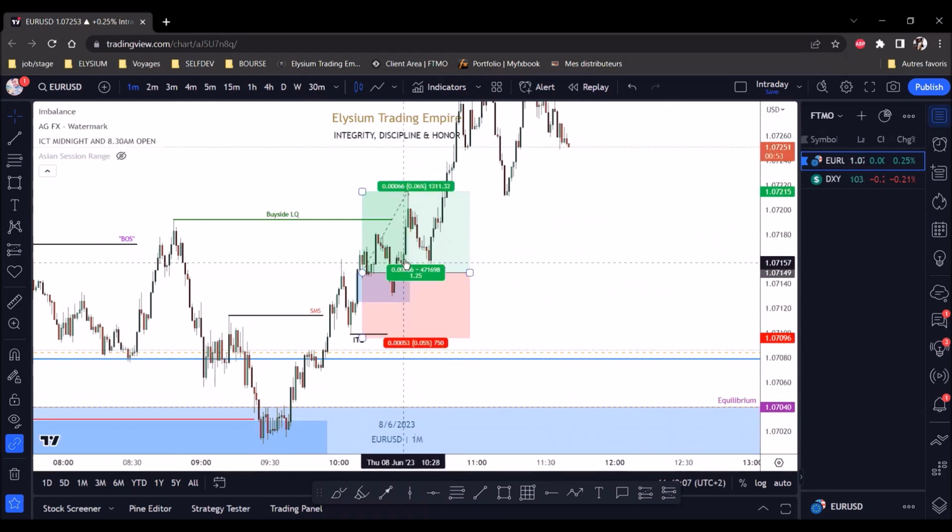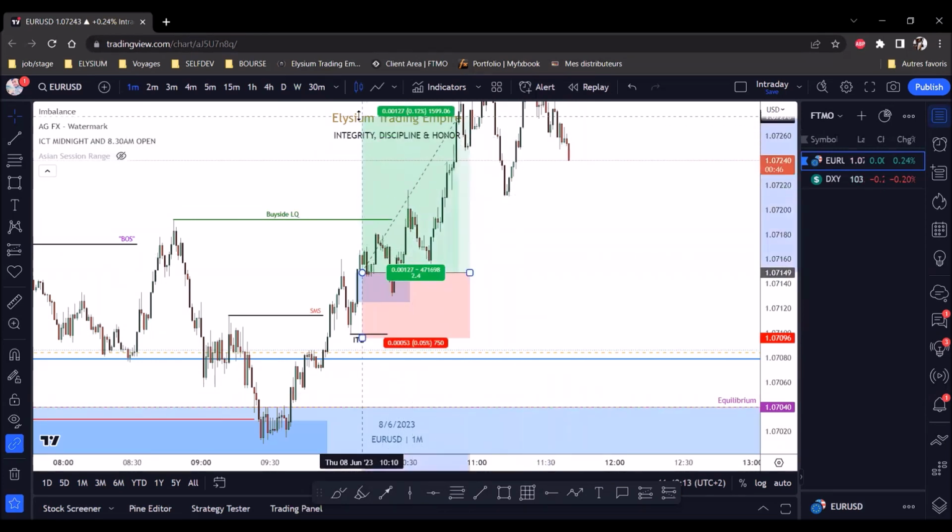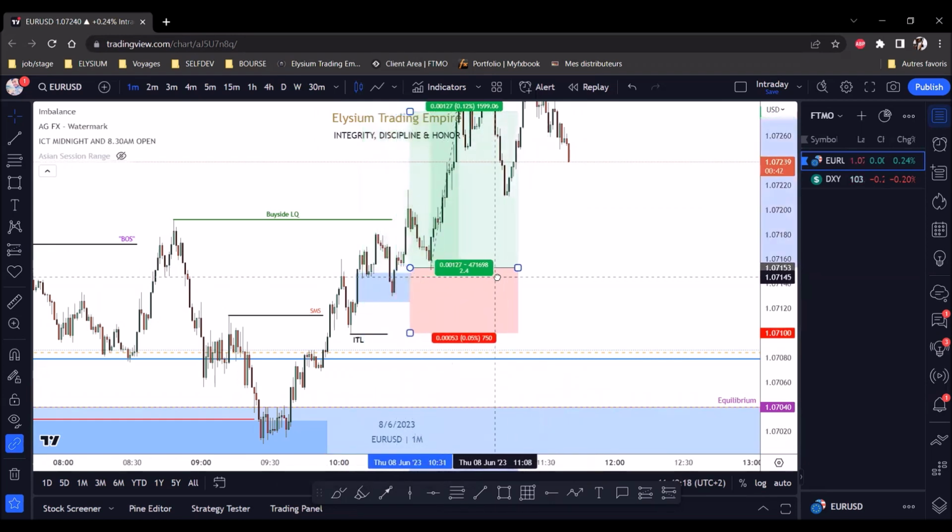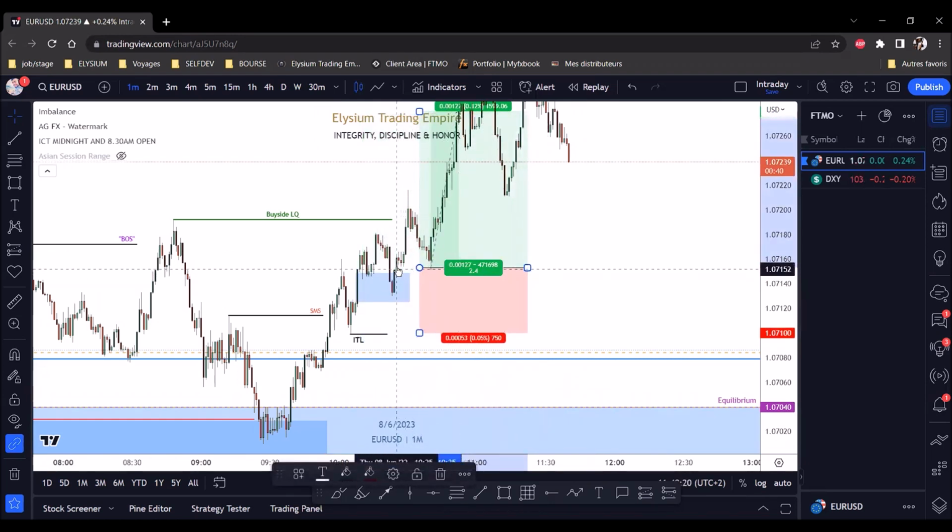Here, it takes the liquidity of this order block for people who FOMO, fear of missing out. We take the liquidity and it trades. It does not come until the order block. It trades from the fair value gap, so even more perfect.